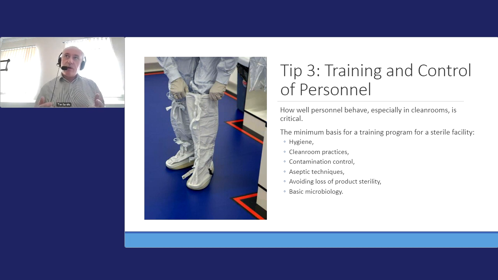Because the typical clean room suit will retain around 90% of the contamination likely to be shed from the operator. If we're in an aseptic area, we'll probably be wearing a double suit, but even then there's always going to be an element of particulate release, and the faster the movement, the greater the quantity of particles released. An understanding of aseptic technique as well, and various practices with that, using things like broth cultures, can be really important.